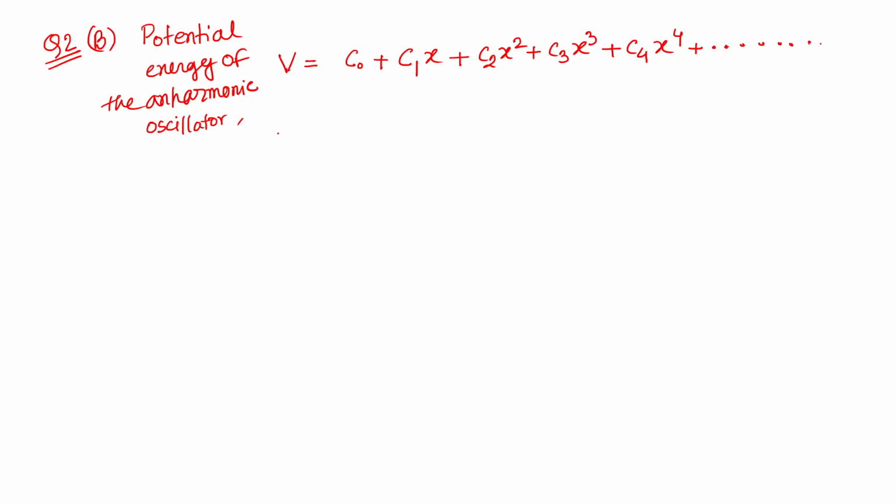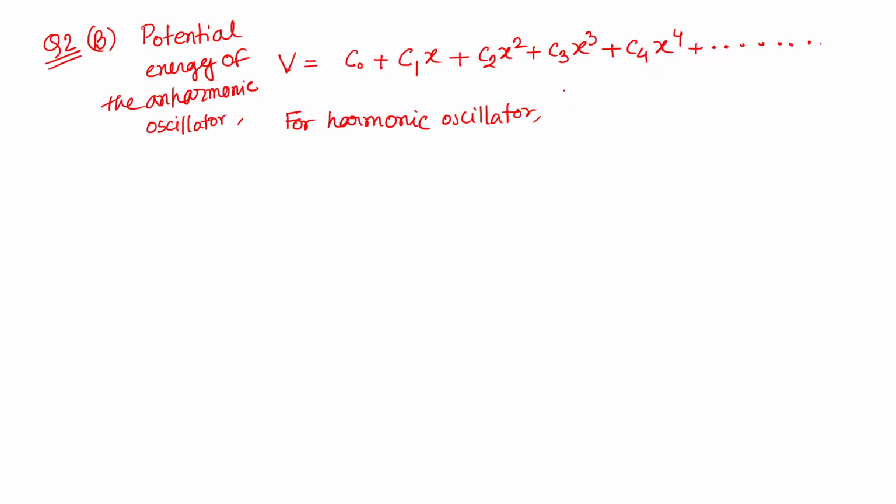Now we already know that for the harmonic oscillator, C0 and C1 are already 0, and V is this C2x square, or you can say half kx square, right?